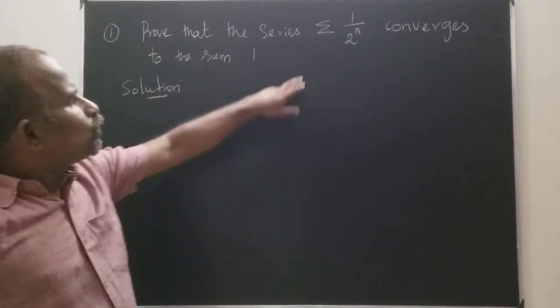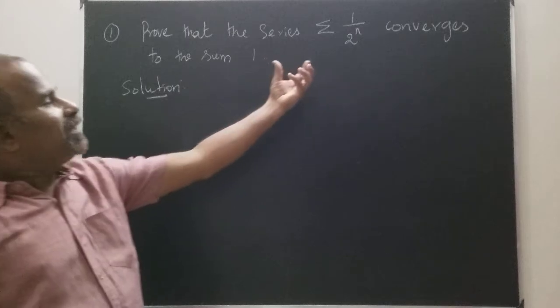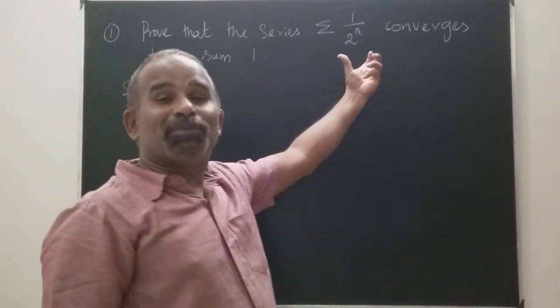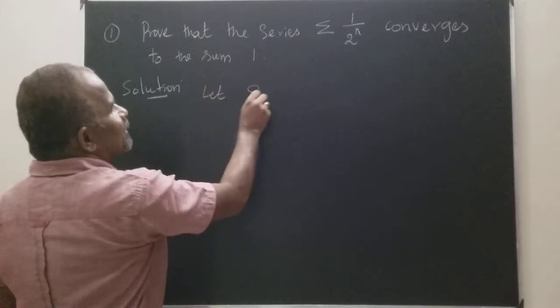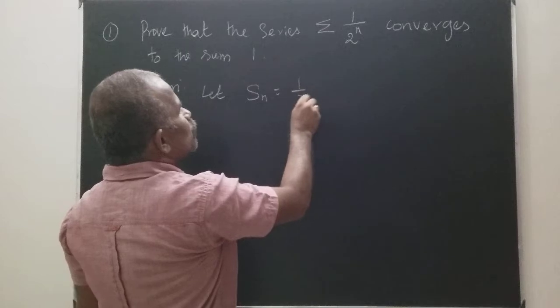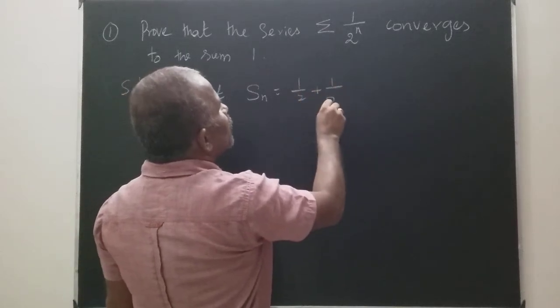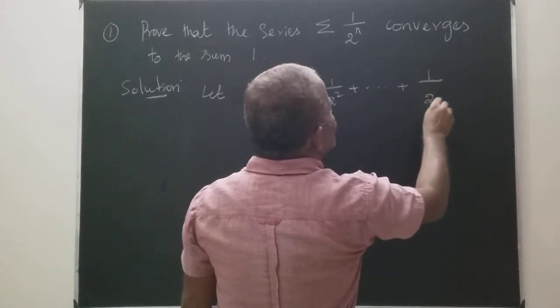We are going to prove that the series converges if and only if the sequence of partial sums of the series converges. So let us take the sequence of partial sums Sn. Sn is equal to 1 by 2 plus 1 by 2 square plus etc. 1 by 2 power n.